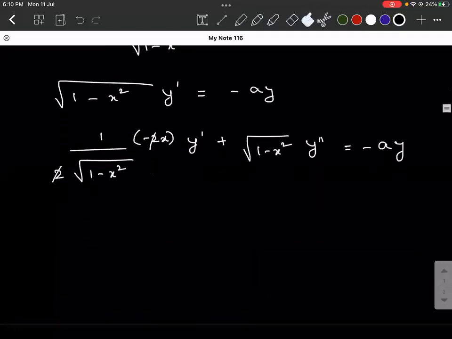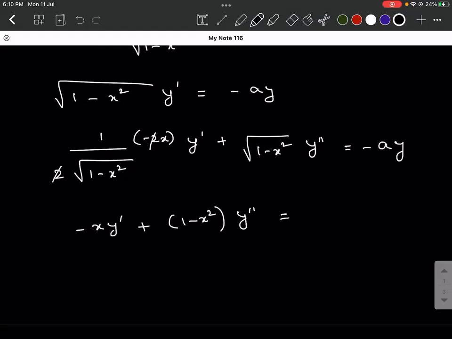Okay. So I'll get minus xy dash plus, if I take LCM, 1 minus x square into y double dash is equal to minus ay into root of 1 minus x square. Is this right? Yes, sir.